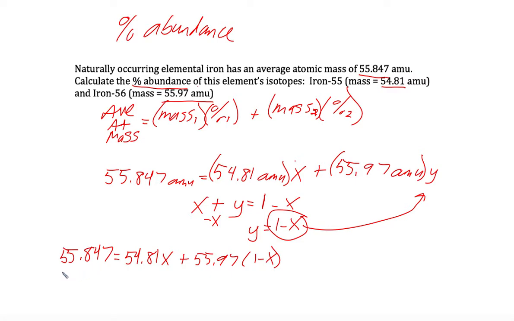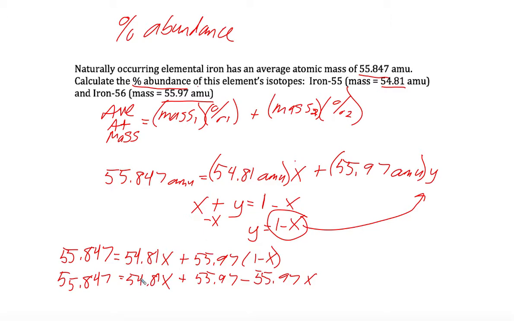Now I have 55.847 equals 54.81x plus 55.97 minus 55.97x. We're going to combine our like terms.